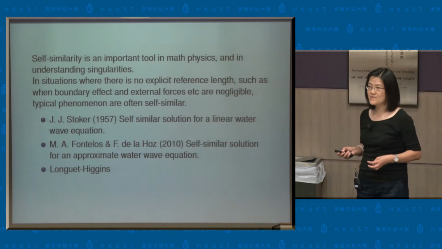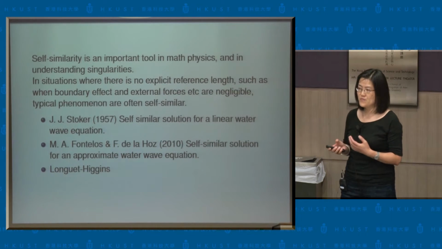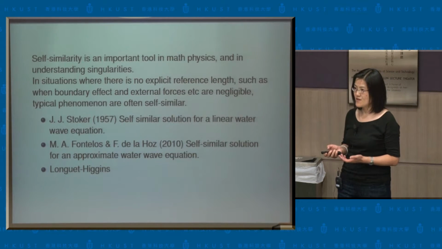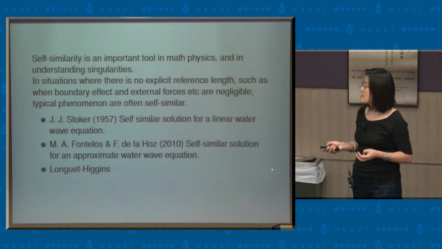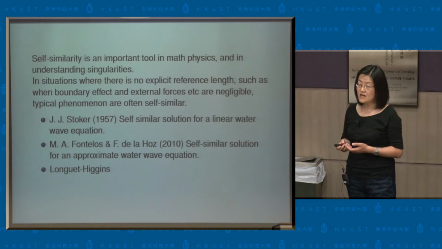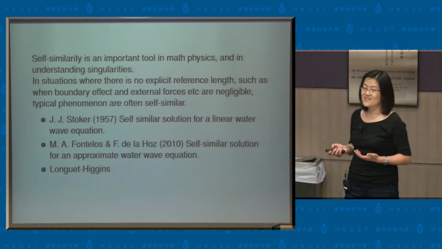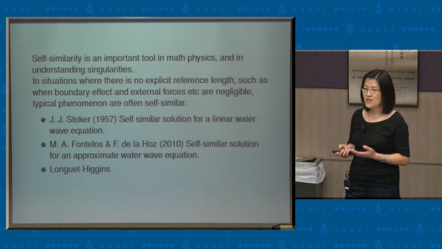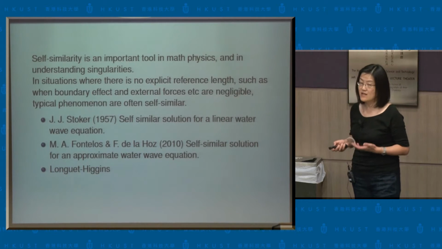We know that self-similarity is an important tool in mathematical physics. For example, in the heat equation, the fundamental solution is self-similar, right? And that's a basic building block of the solutions of the heat equation. We also know that in nonlinear conservation laws, the solution of the Riemann problem is self-similar, and that's the basic building block of the solutions for hyperbolic conservation laws.